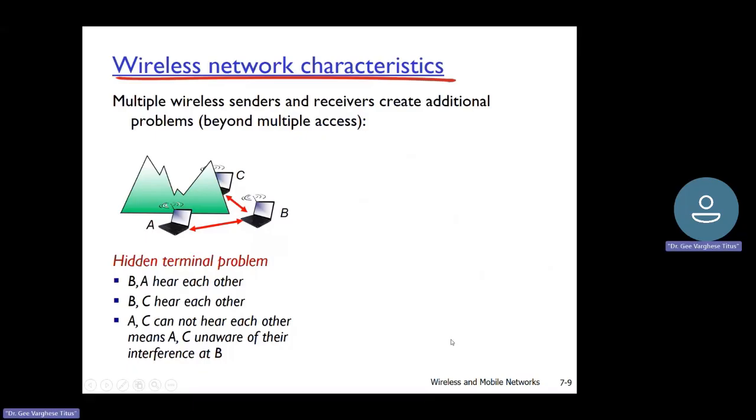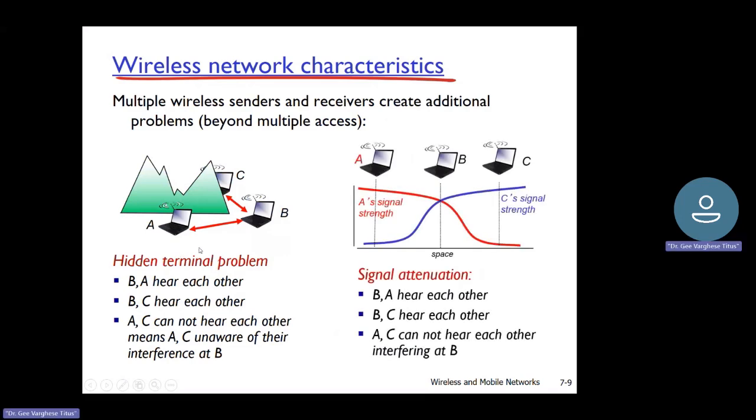Another characteristic of a wireless network is the hidden terminal problem. Now, this is one pictorial representation of the hidden node problem, where this would be a little better understanding of that same pictorial representation. So we have three nodes A, B, and C. Now this is the RF strength of A that it's propagating, right?